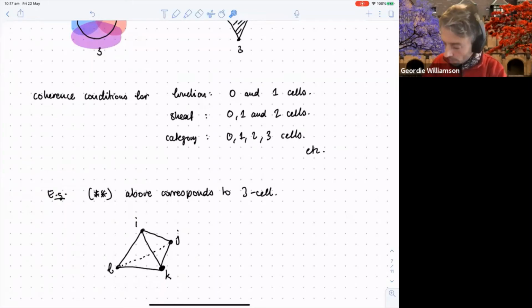So roughly speaking, it's something like going this way should be the same thing as going that way. Anyway, I won't get this right.